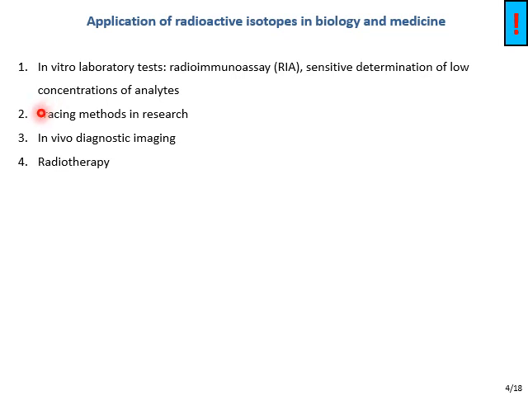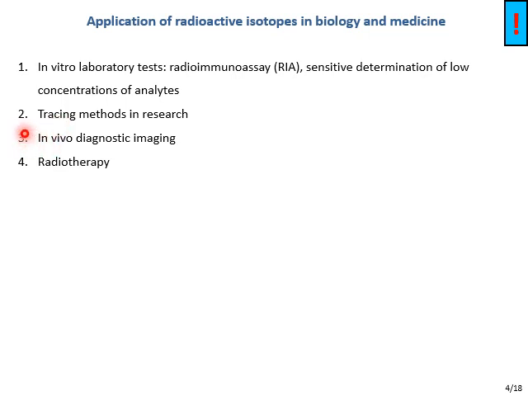In the second and third category, we are going to discuss the application of radioactive isotopes for studying biochemical processes by following the fate of certain radioactively labeled metabolites.